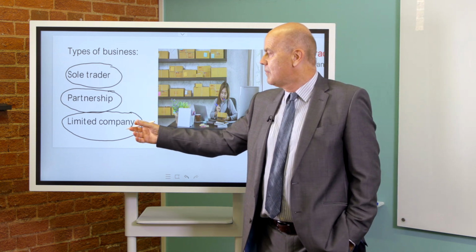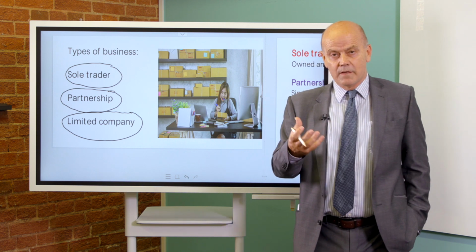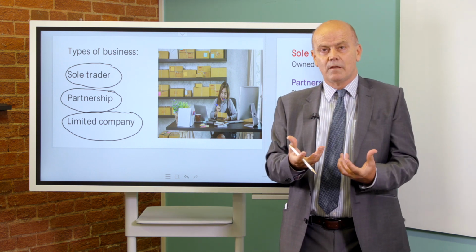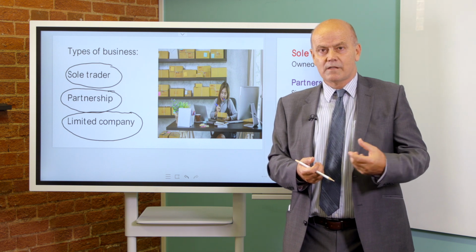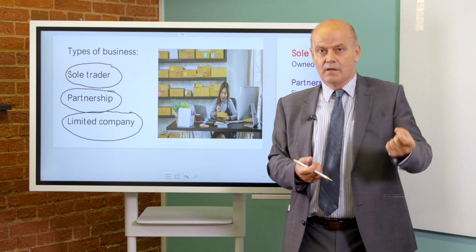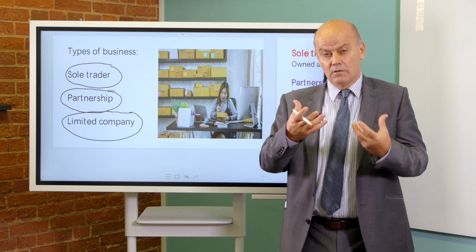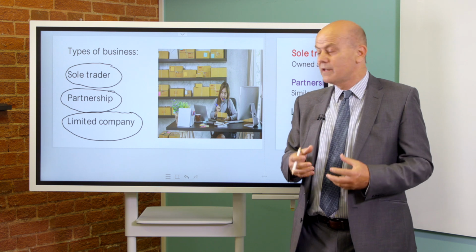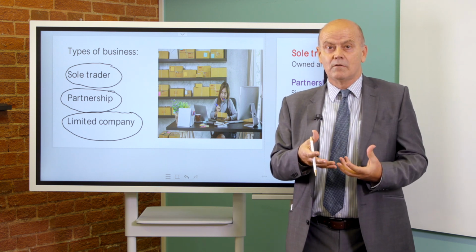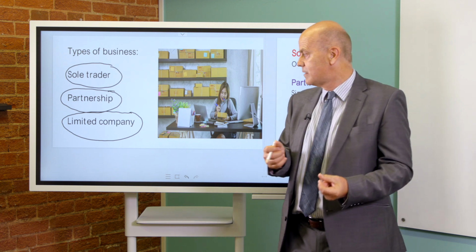Any liabilities of the company rest with the company. They don't fall on the owners of the company unless there's special negligence, in which case the directors could be sued. But generally, legal action is limited in limited liability companies.